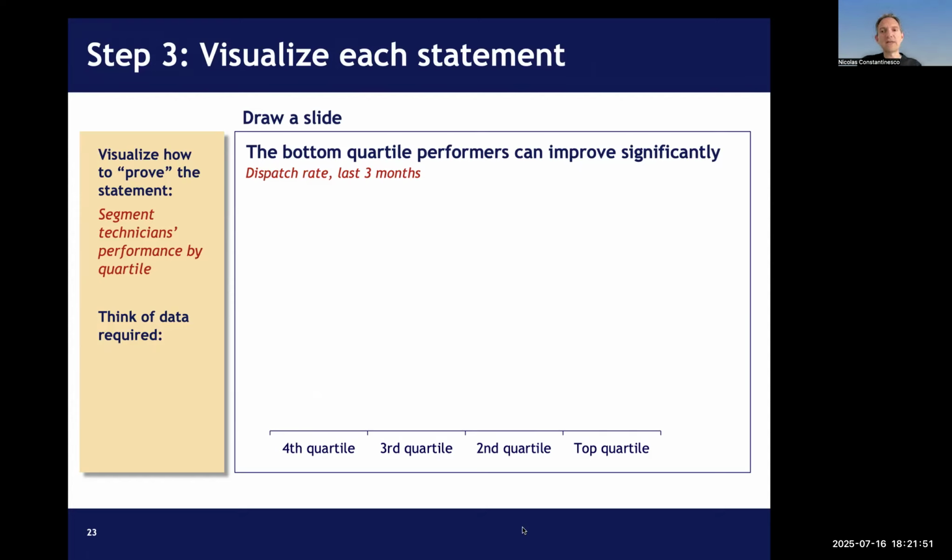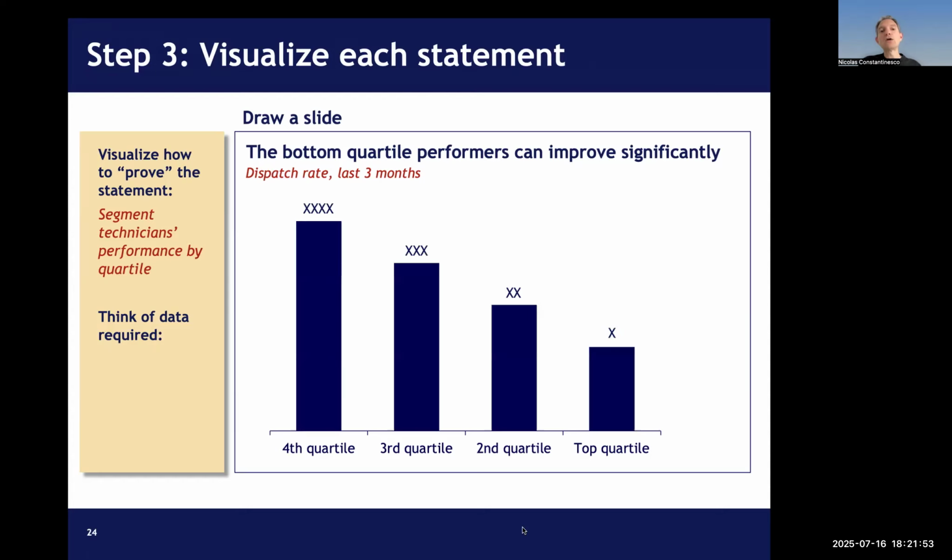We haven't collected the data yet, but it will have to look something like this. We don't know how sloped it will be, but the fourth quartile has the highest dispatch rate, because they're the worst performers, and the top quartile has the lowest dispatch rate. And the gap between the best and the lowest, that's the room for improvement.